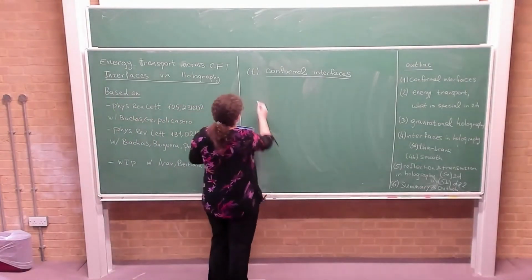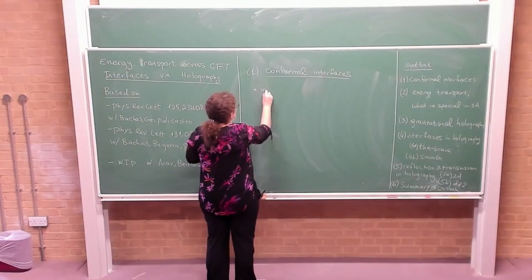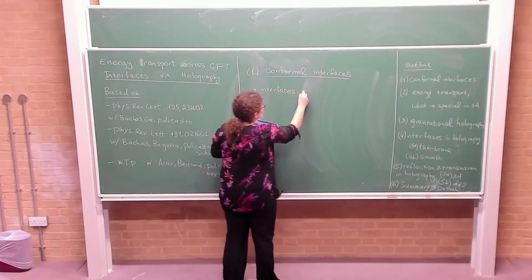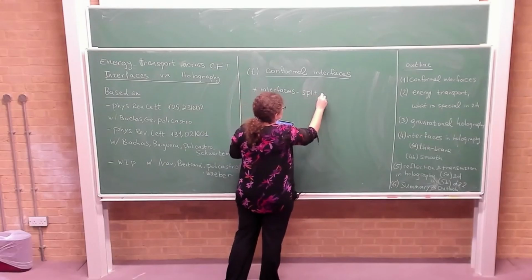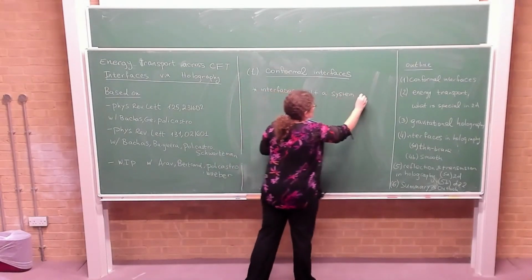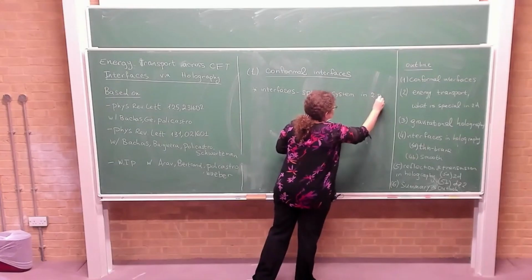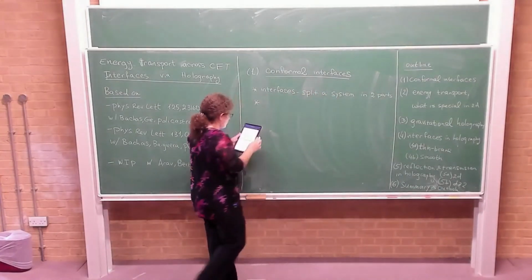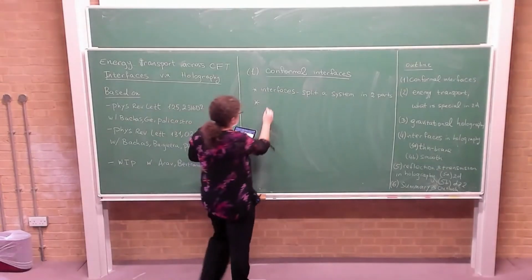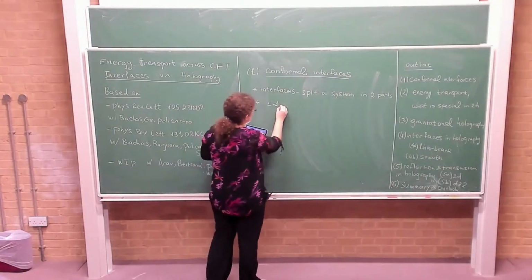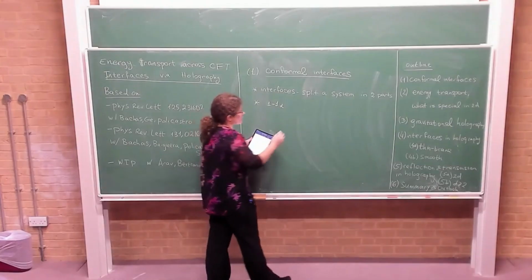So for example, if I'm talking about a system which is 1 + 1 dimensional, 1 space, 1 time, then these are impurities in a chain.